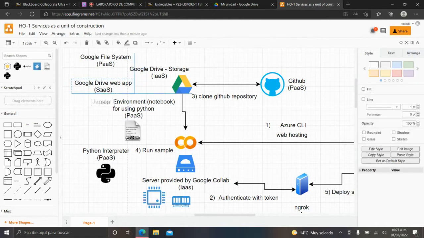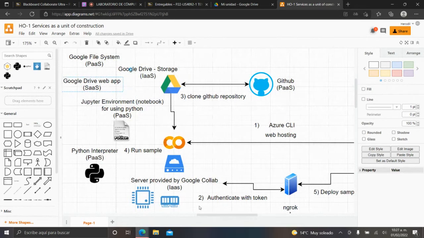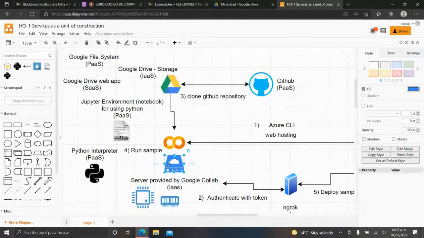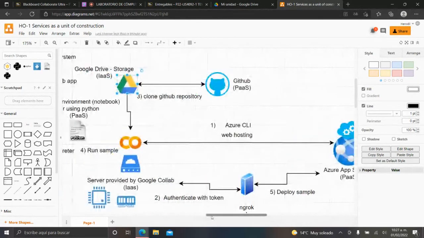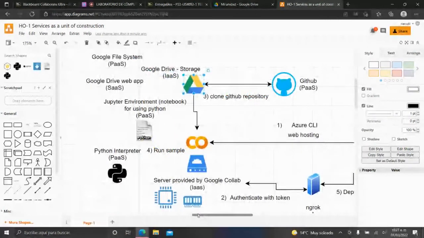Oh, okay, so our front end is Google Drive web app in this case, right? Yes, yes. And this is our backend, the server, and the code and all this is backend. Okay. And the thing is that the backend is huge.